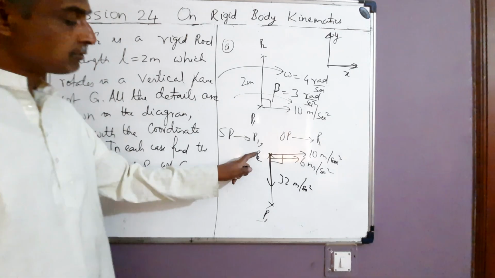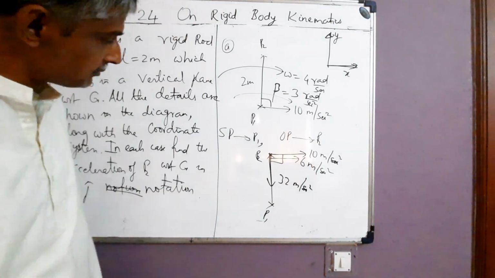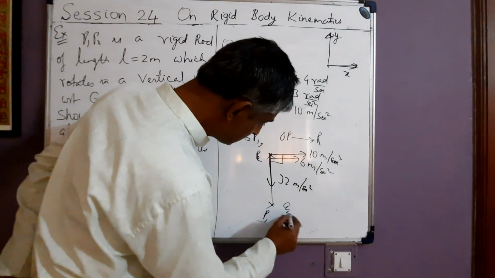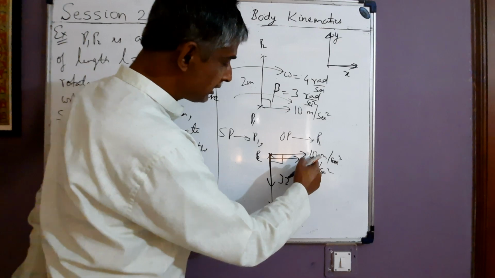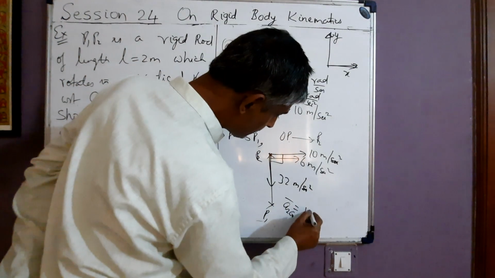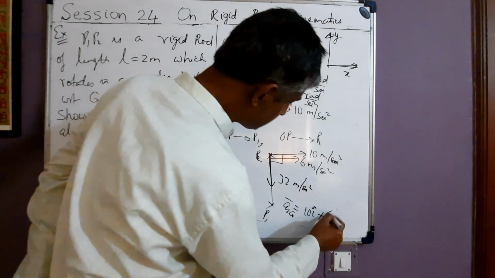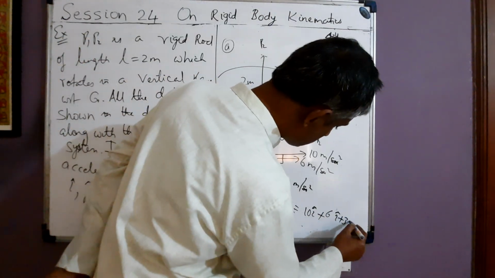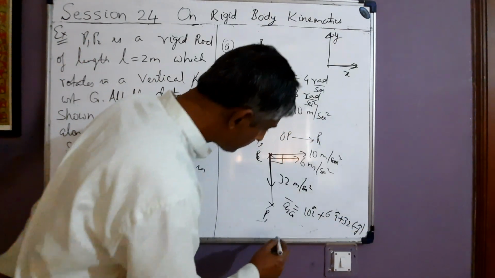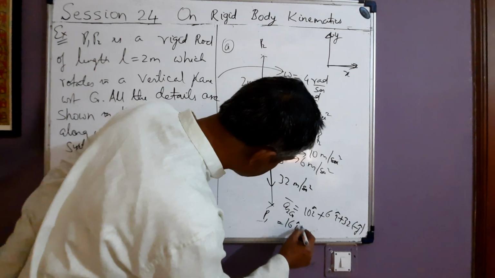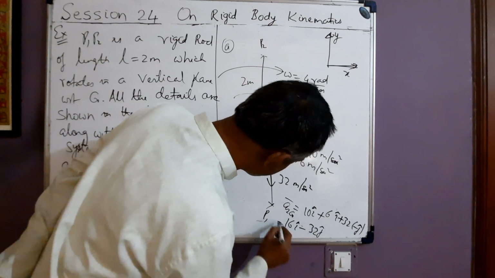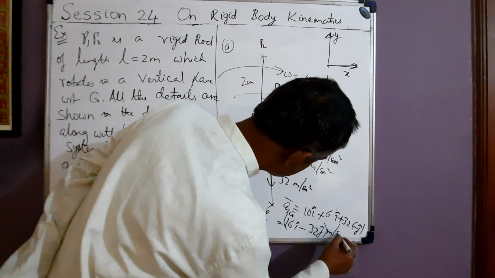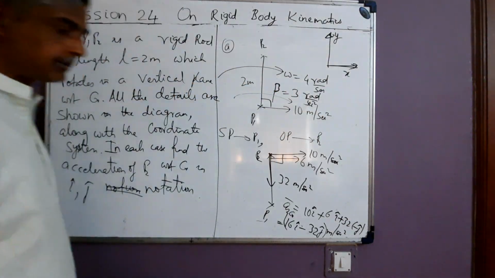The acceleration of P2 with respect to ground is the vector sum of these three terms. So we'll write A2G equal to 10 i hat, this is on the x-axis, plus 6 i hat. And this is on minus j, 32 into minus j. So this becomes 16 i hat minus 32 j hat meter per second square.